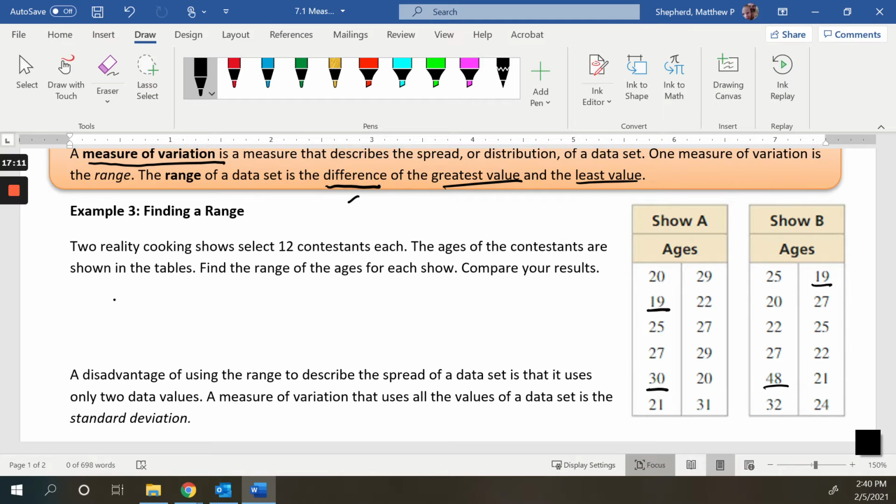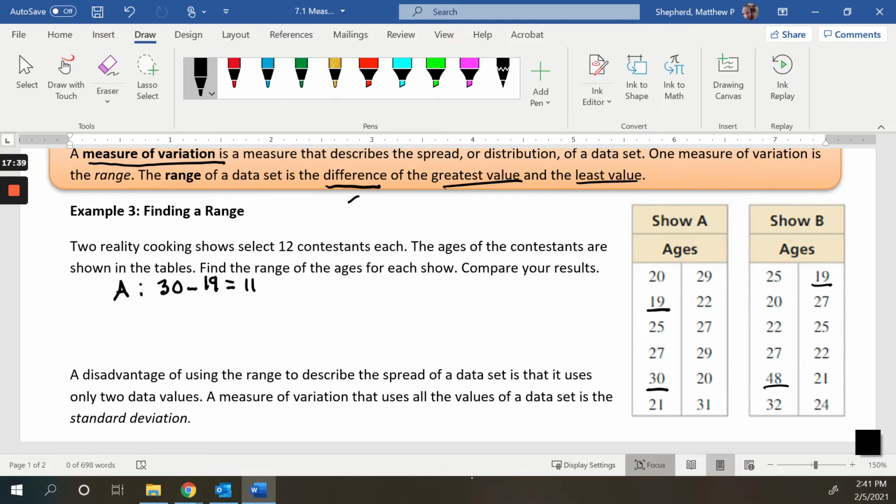All right, so show A, all of their contestants have been somewhere between 30 and 19 years old, meaning they've only got an 11-year gap. So for some reason, this show does not like old people and will not have old people in their show.